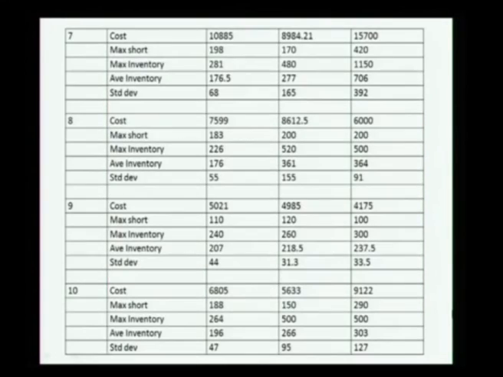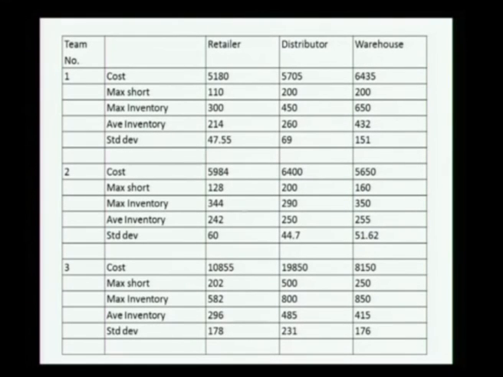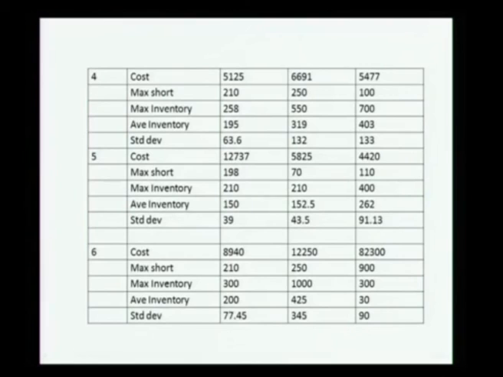Now if we look at groups 9 and 10, we realize that the average inventory is 196, which is much lower than the average inventories in other places without information sharing, like 214, 242, 296 and so on. So we are able to show that here.